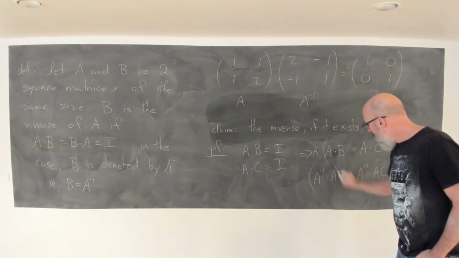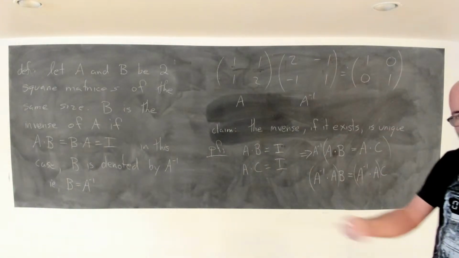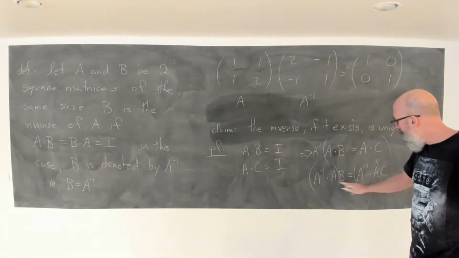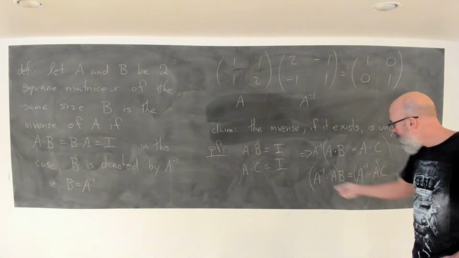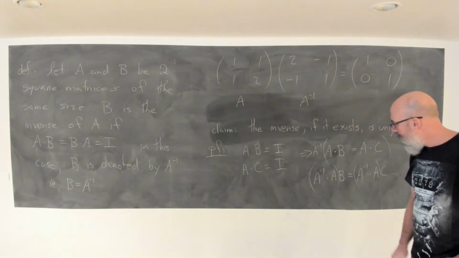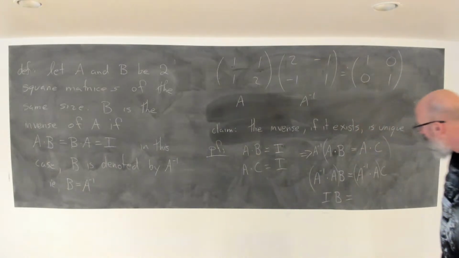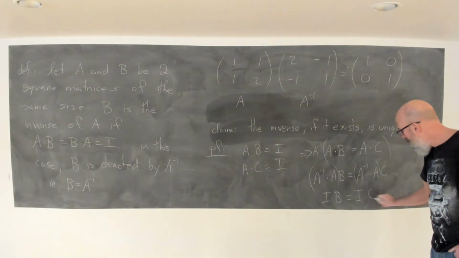But let's group these things now, because multiplication is associative, so it doesn't matter if you multiply A and B first and then A inverse, or these two first. And A inverse times A is the identity. A inverse times A is the identity.